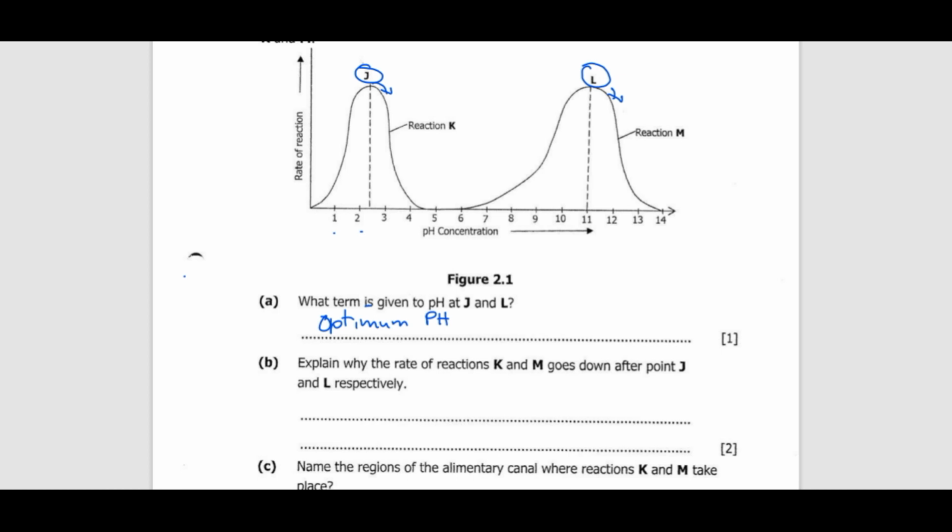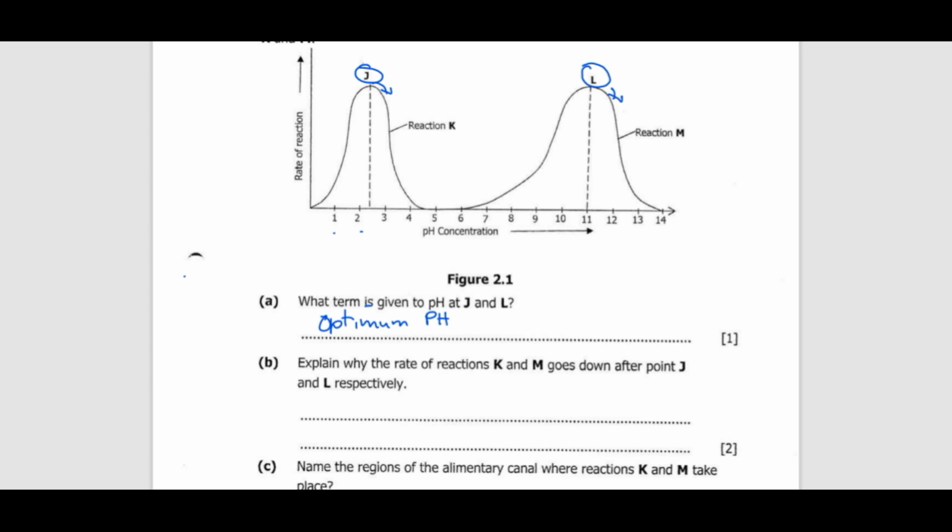You find that each enzyme has what we call an optimum point where it should live, and when they go past that point, they will start to denature.